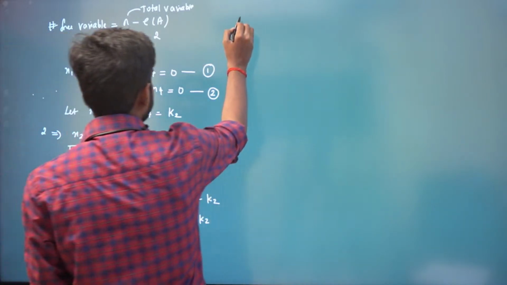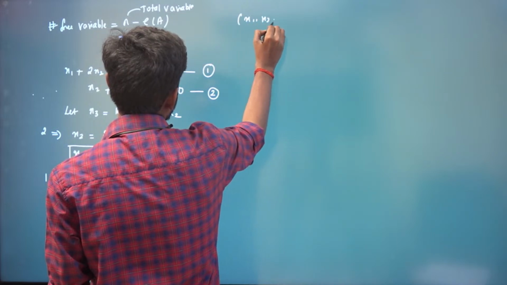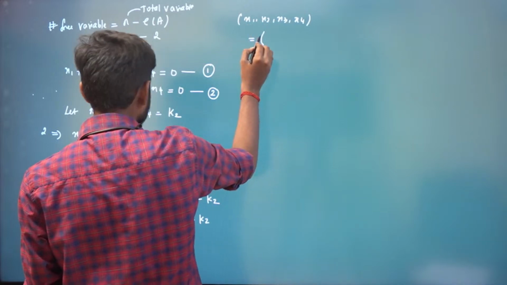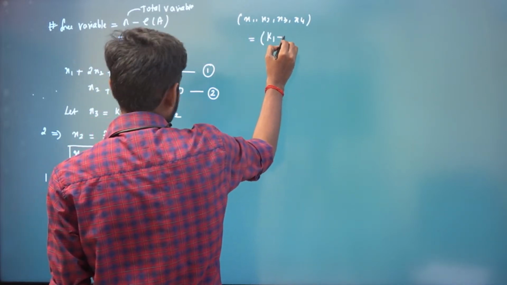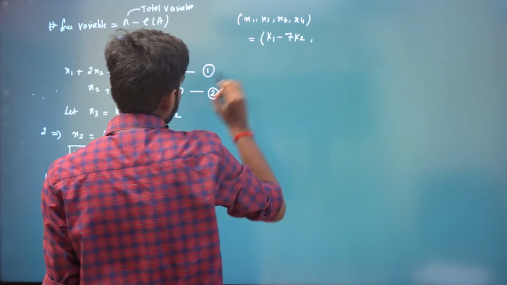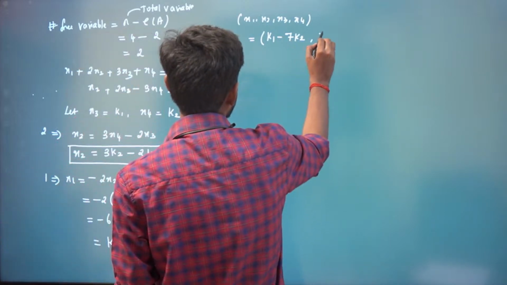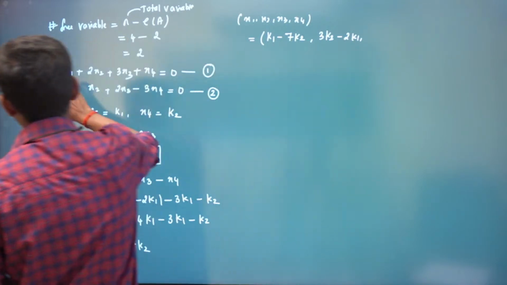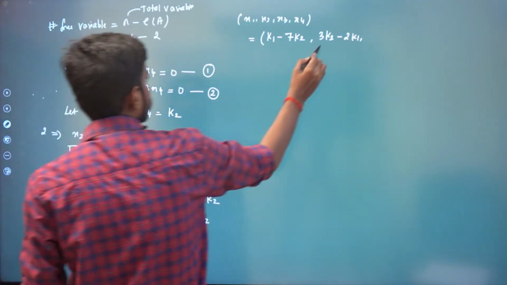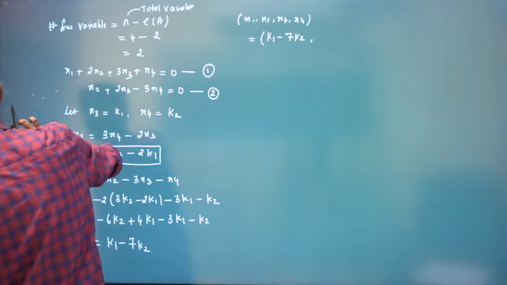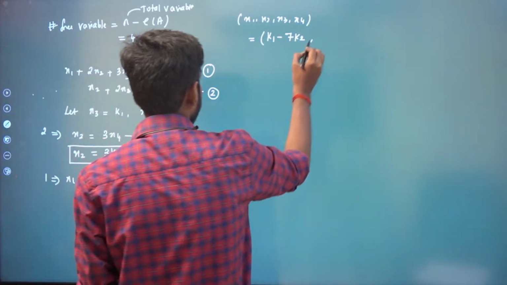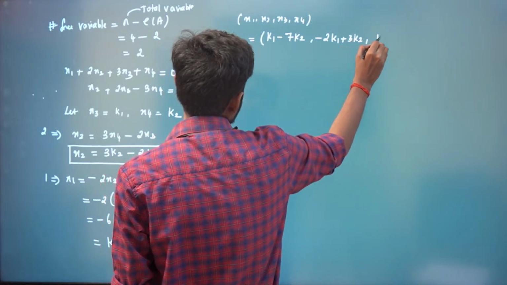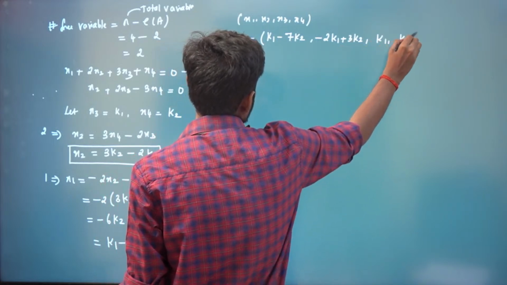So therefore, our solution space x1, x2, x3, x4 is given by the set x1 is k1 minus 7k2 and then 3k2 minus 2k1, or I'll write it in a k1 k2 format: k1 minus 7k2, minus 2k1 plus 3k2, comma k1 comma k2.